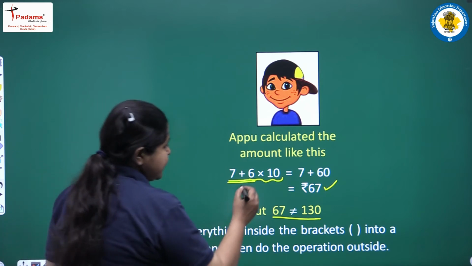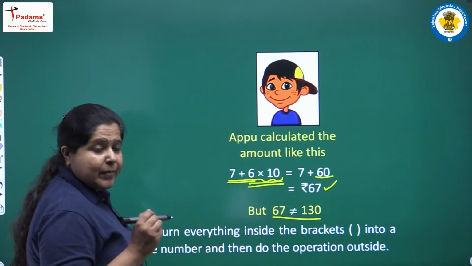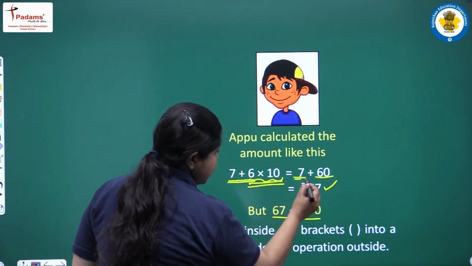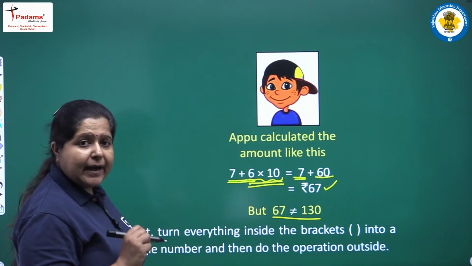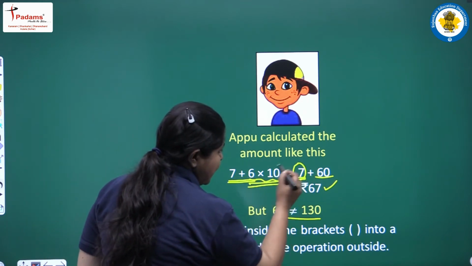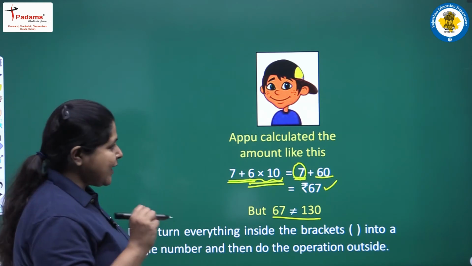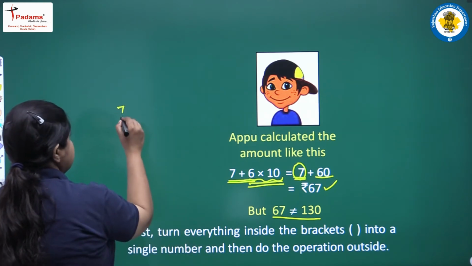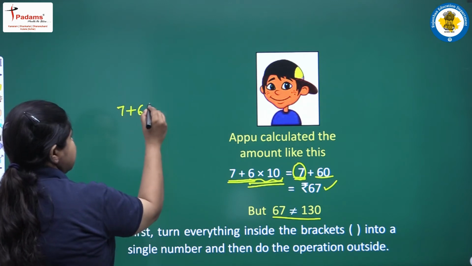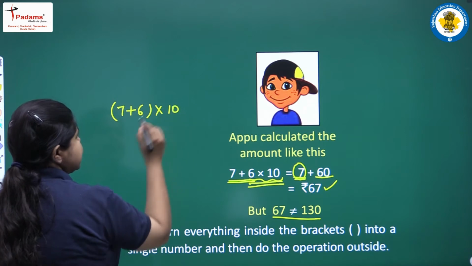In his case, this 6 is getting multiplied by 10 and we get 60. But this 7 is left out. It has not been multiplied by 10. That is why the answer is coming out wrong. What he should have done is 7 plus 6, give a bracket and then multiply by 10.